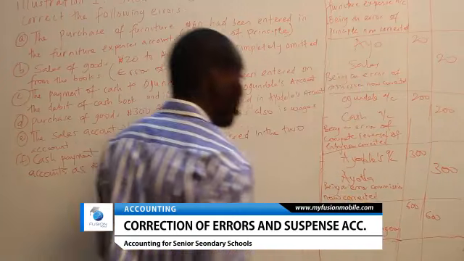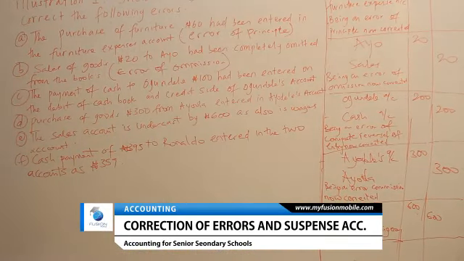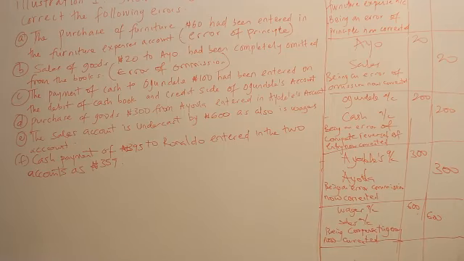So the last transaction we have here: cash payment of 395 to Ronaldo entered in the two accounts as 359. This is an error of original entry. A wrong amount was entered into the book.